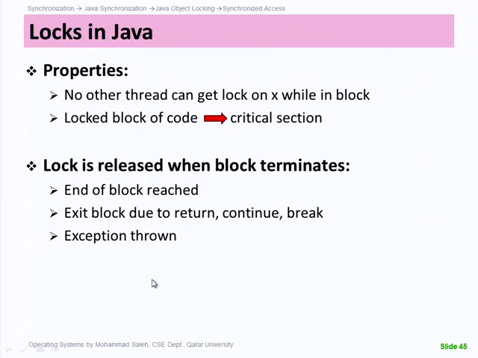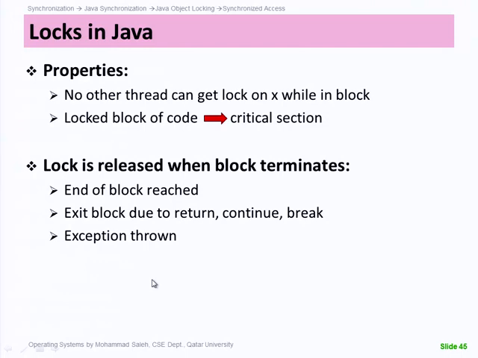Now, properties of this. No thread can get a lock on the object X while a synchronized method is being executed within X. And the locked code is the synchronized code. This means if other threads are trying to access code that is not synchronized, they are granted access. So they're looking only for the synchronized code.